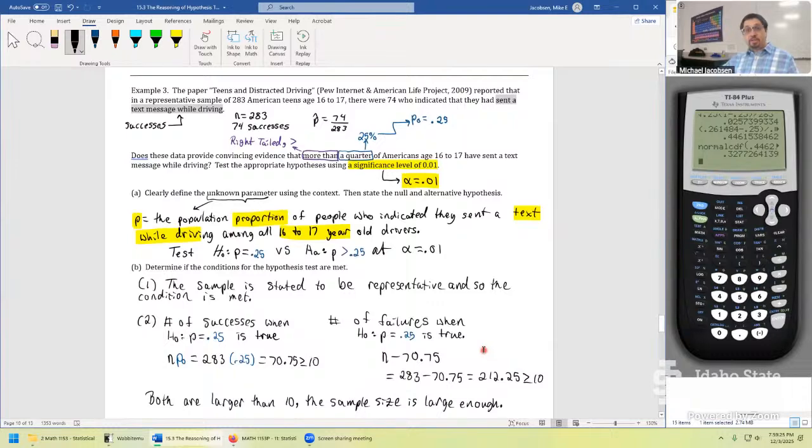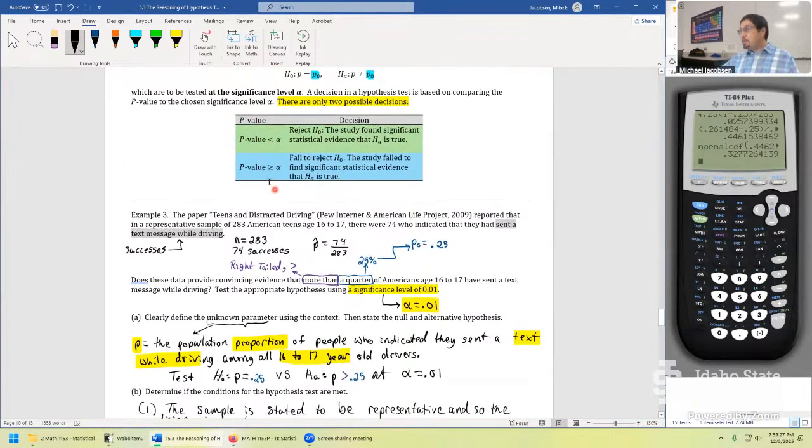Our decision here is really very tricky. We are in this situation this time. The p-value is greater than or equal to alpha. We will fail to reject the null, which means we write a conclusion that reads, we failed to find significant statistical evidence that this alternative hypothesis, more than 25%, is actually true.